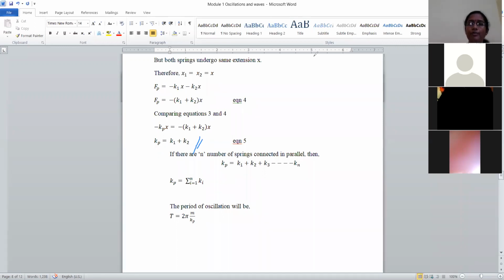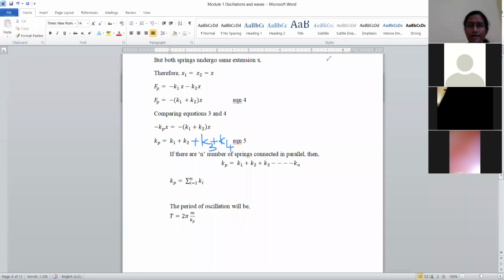Similarly, if more springs are connected in parallel, when 3 springs are in parallel, then the force constant in parallel combination will be K1 plus K2 plus K3. If 4 springs are in parallel, then Kp will be equal to K1 plus K2 plus K3 plus K4.